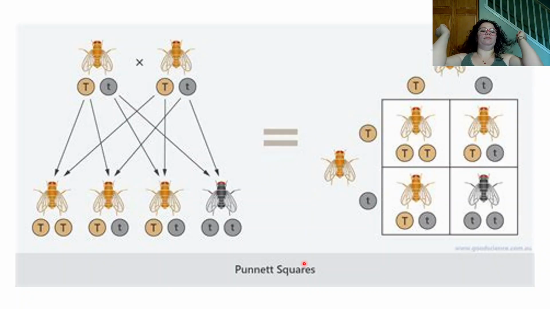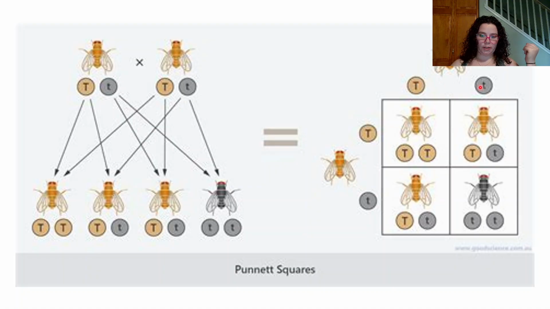So, I just talked about Punnett squares, right? This is a parent. I don't know which parent because it's not labeled. This is also a parent. I don't know which one because it's not labeled. And they're both heterozygous.